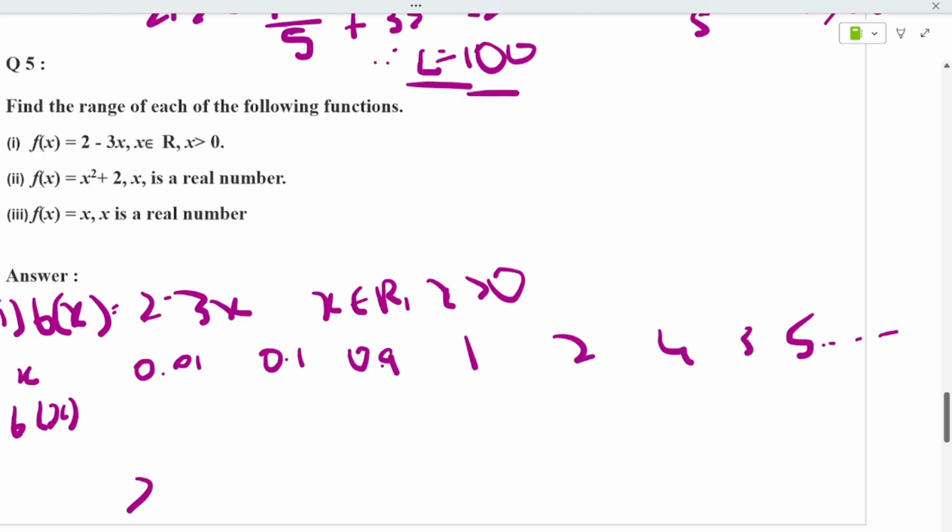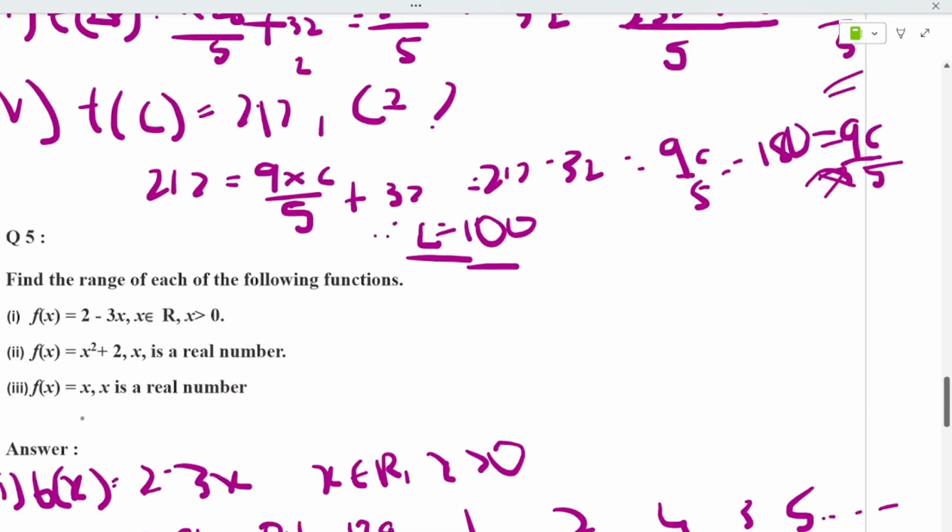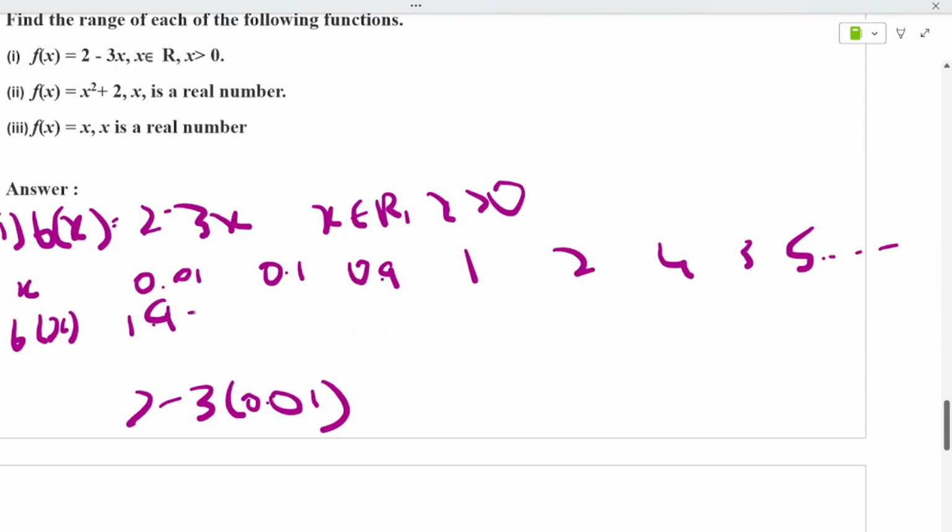Here, how you have to solve is 2 minus 3 into 0.01. You do the calculation in the calculator. Just do 2 minus 3 into 0.01, right? The answer will be 1.97. Just write the value here, 1.97.